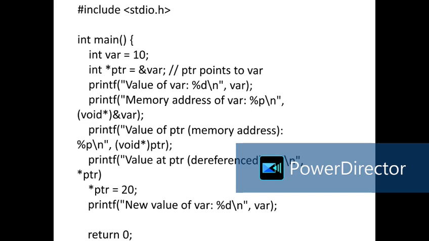Always remember one thing: ampersand is address-of, star is the value at that address. This understanding is essential as we dive deeper into pointer arithmetic and dynamic memory.